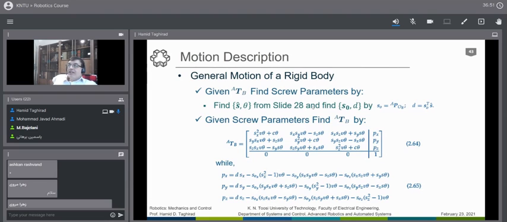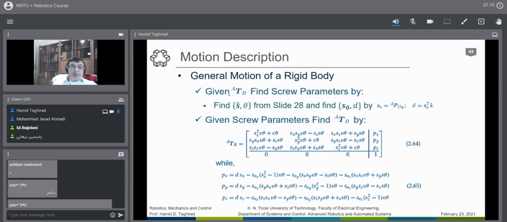And then S0 and D are very simple. S0 is P_OB with respect to A. This is just another representation. We call it S to represent it as a screw. And D is very simple, just the projection of S0 onto S. So we can easily find these 2 parameters if the homogeneous transformation is given.